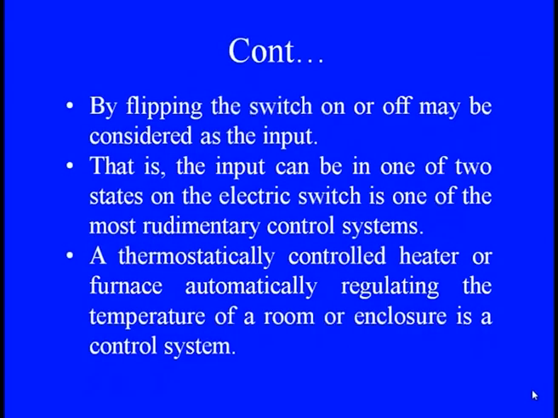Flipping the switch on or off may be considered as the input, and the input can be in one of two states of the switch, which is the most rudimentary control system. A thermostatically controlled heater or furnace automatically regulates the temperature of the room or enclosure in the control system when any kind of noise or undesirable effects are coming.